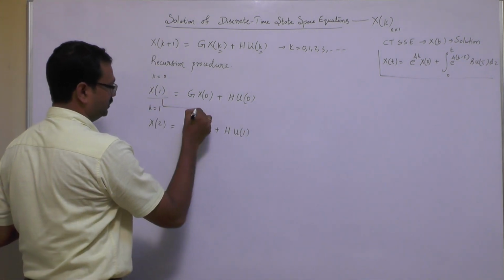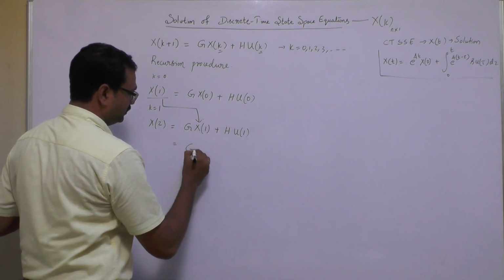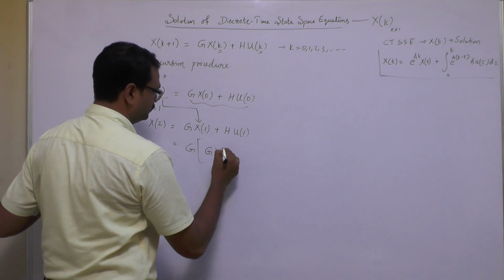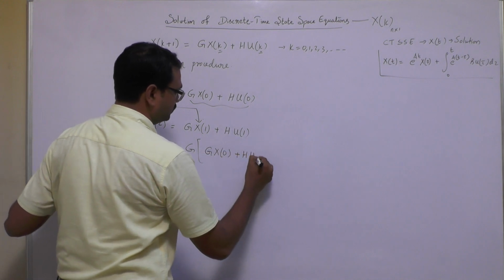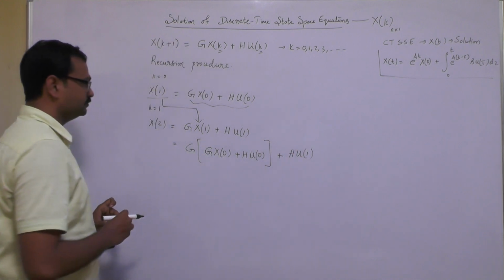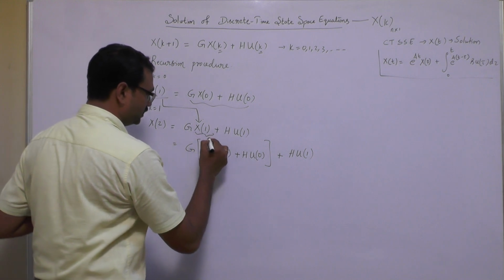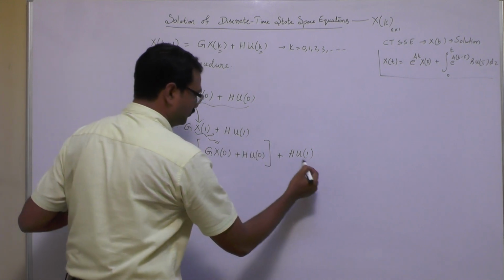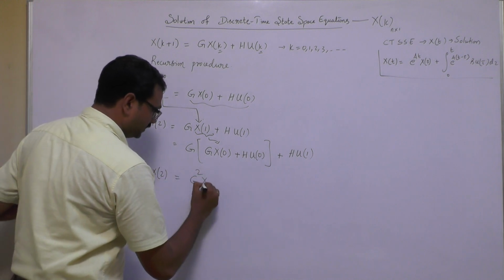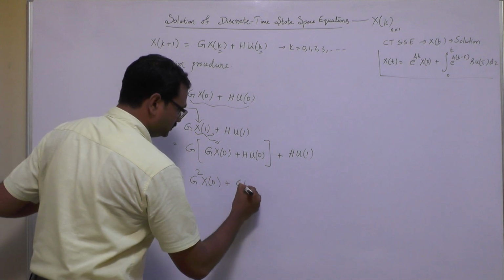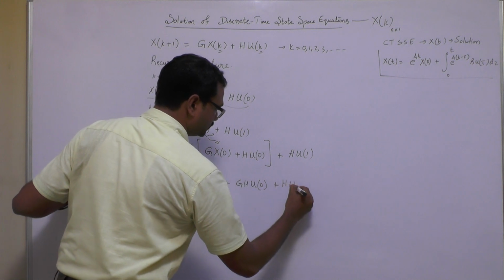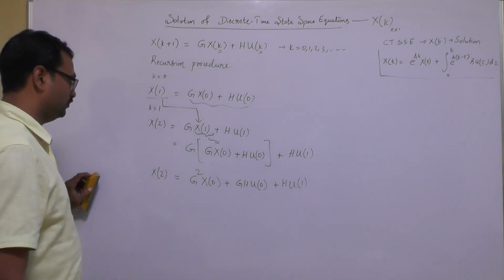Now x(1), if I substitute it here, G times x(1) is G x(0) plus H u(0), plus H u(1). So what is x(2) for us now? G squared x(0) plus GH u(0), when I multiply this out, plus H u(1).